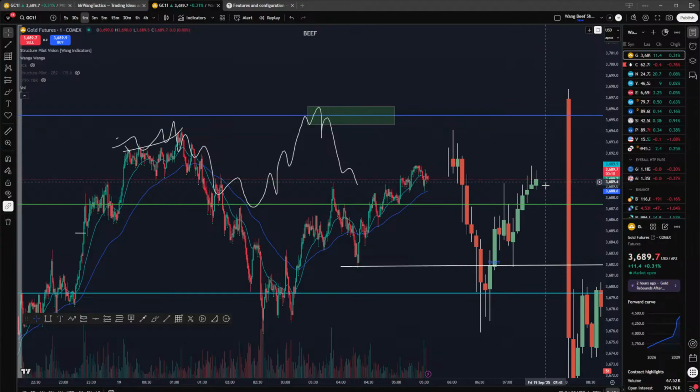That's nice, looks like a nice rounding. See if we can get to this flat candle down here.